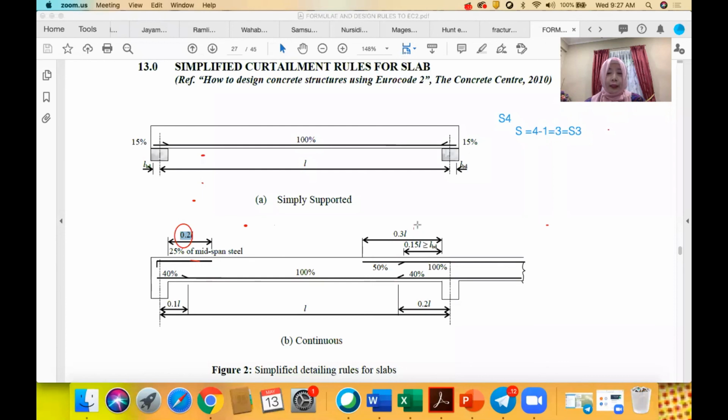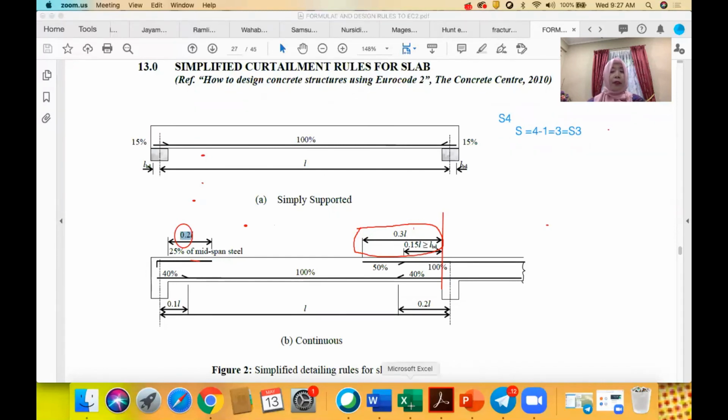While for the reinforcement at the support, it is 0.3 L from here to the face of the beam support. Yeah? Look at here. This is the face of the beam. Okay, 0.3 L, 0.2 L.